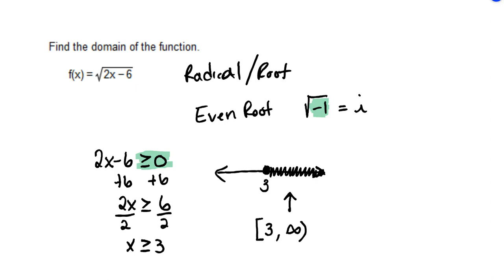Infinity is a concept that the numbers continue on forever. It's not a number itself, and so we never use a bracket on infinity. So the domain of f of x equals square root 2x minus 6 is 3 to infinity with 3 included.